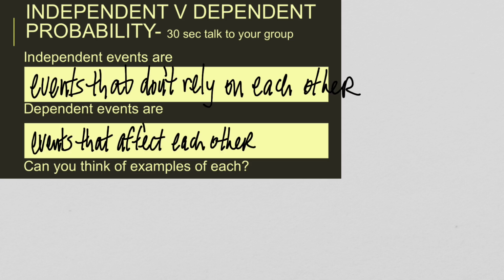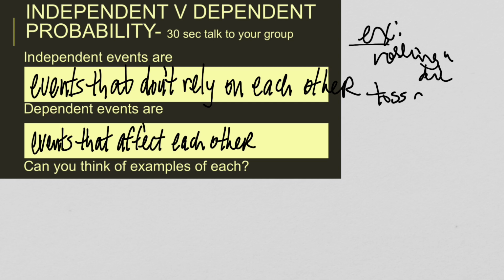So independent events are events that don't rely on each other. They're totally different things. Dependent events are events that do affect each other. So I don't know if you were able to think of an example of each, but one for an independent event would be rolling a die and then tossing a coin. These two things are completely different from each other. One does not affect the other.